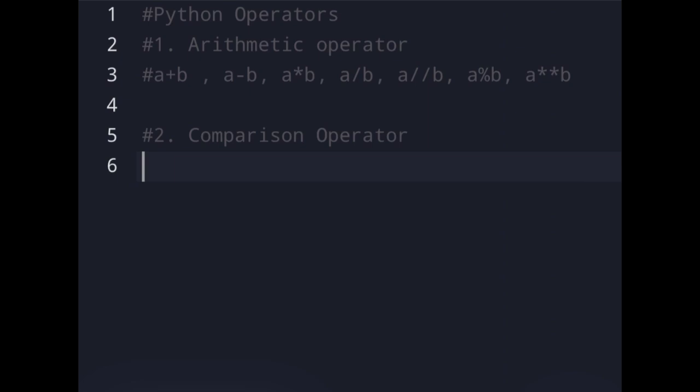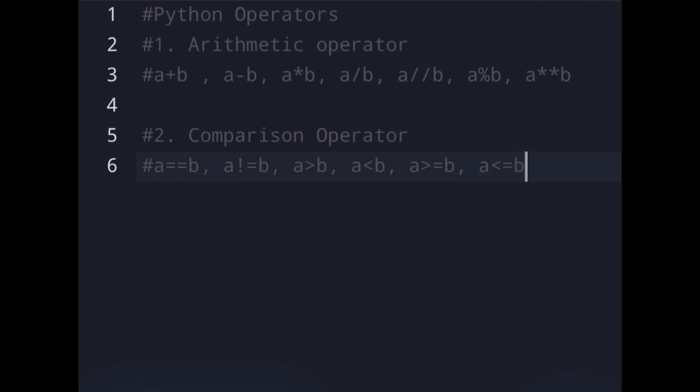Some examples are a equal to b, a not equal to b, a greater than b, or a less than b. There are two more: a greater than or equal to b, and a less than or equal to b. So these are some comparison operators.